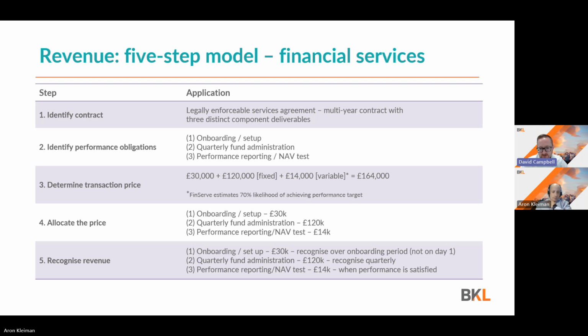But as I say, in this case, it's clear the 2 fixed components are 30 and 120k over the 3 years. But the performance-based target is variable and depends on future performance.